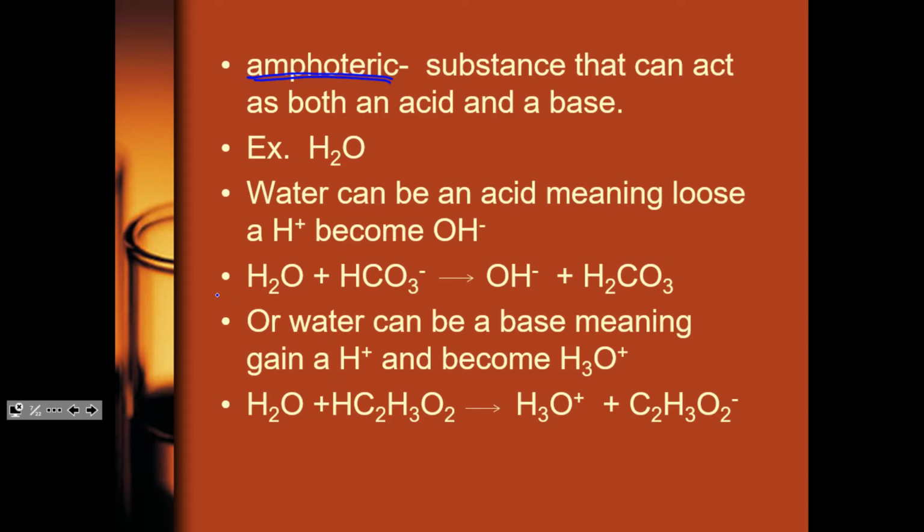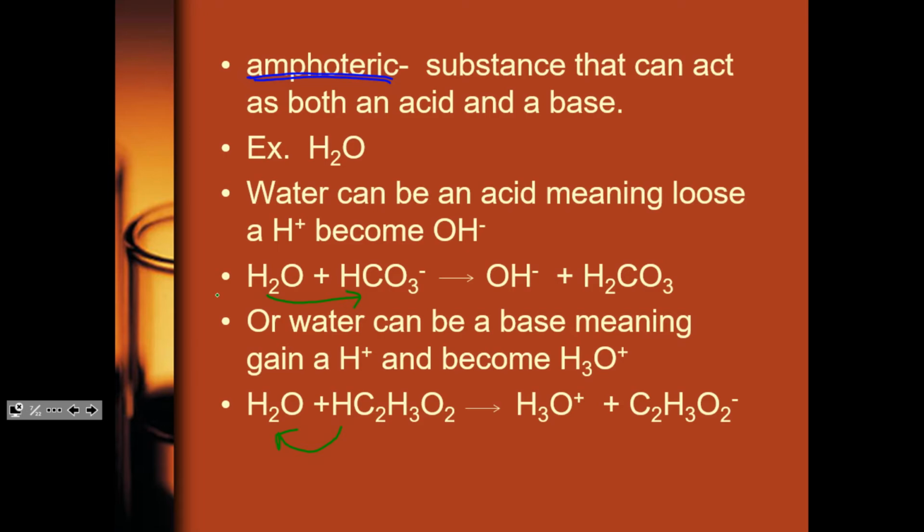So we have two examples there. You'll see that water loses a hydrogen here to HCO3, which is hydrogen carbonate, and it becomes OH. And then here, we're going to take and strip that hydrogen away from acetic acid to form hydronium.